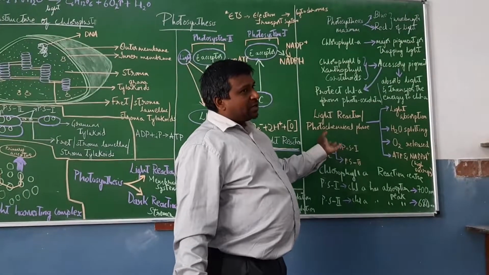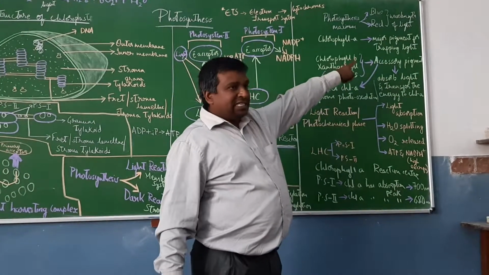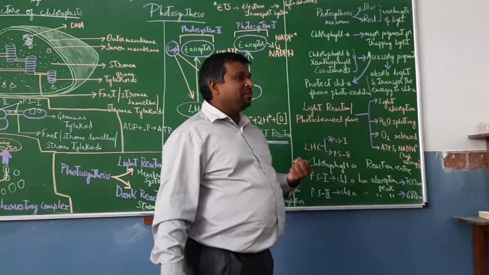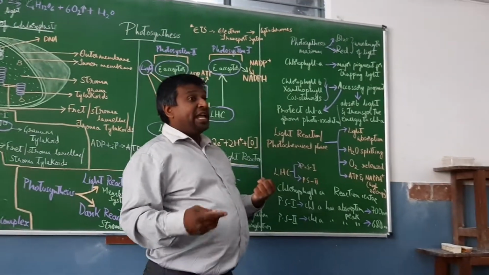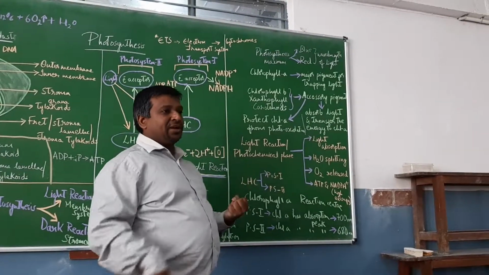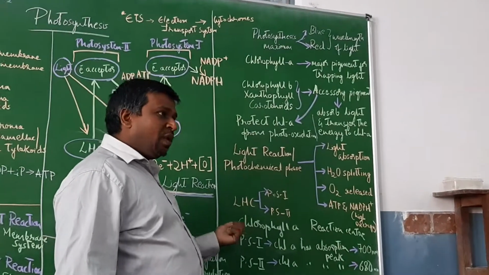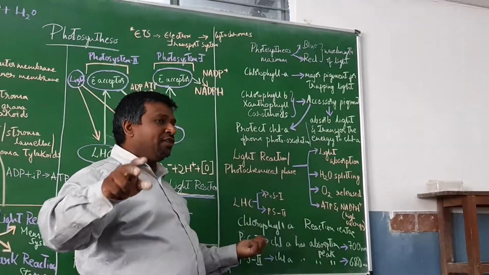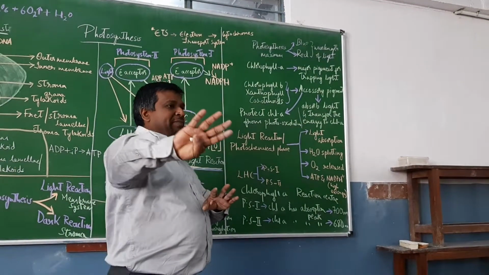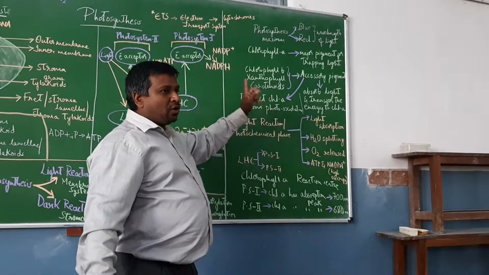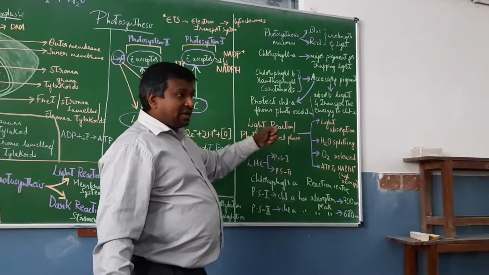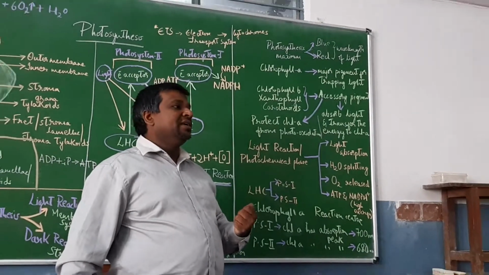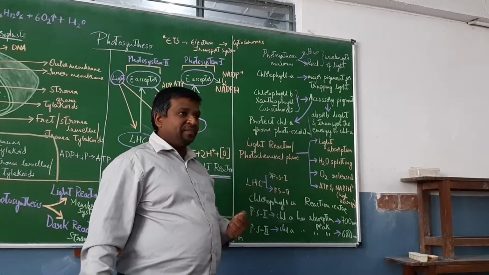Among these pigments, chlorophyll A is the major pigment which traps solar electromagnetic radiation. So chlorophyll A is the reaction center. In photosystem 1, they have the carotenoids, xanthophyll, chlorophyll B, but they are all accessory pigments. The reaction center is chlorophyll A, and in photosystem 1 it is going to absorb light of 700 nanometer wavelength.